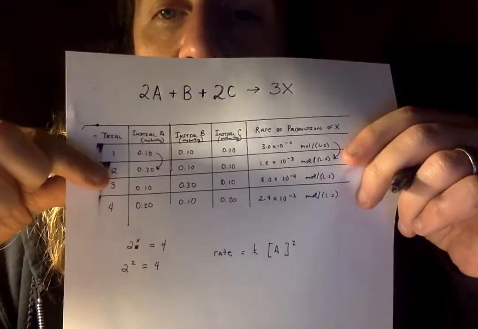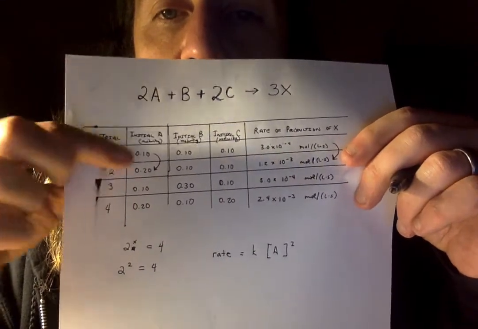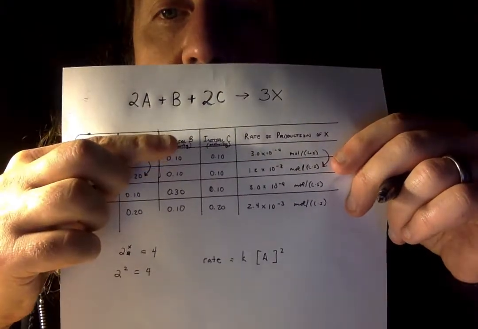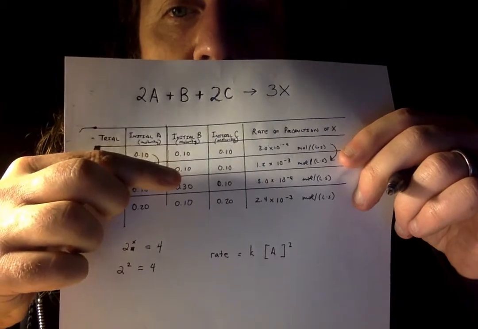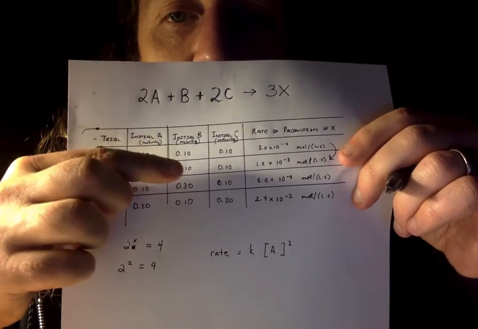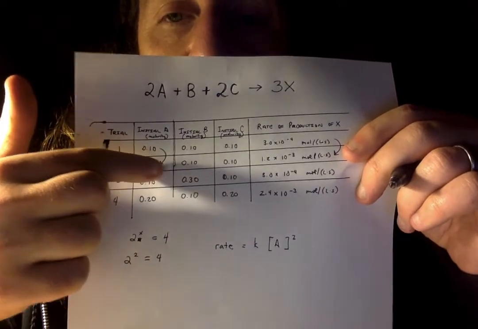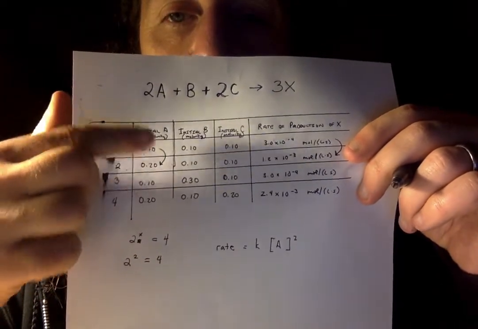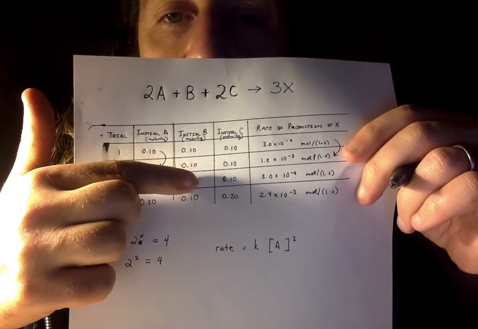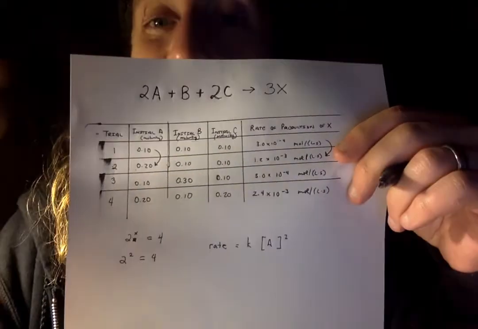So that's why you can't use 2 and 3 for B, because you wouldn't know whether the effect on the reaction would come from A or it would come from B. So I'm going to have to figure out a little more here.